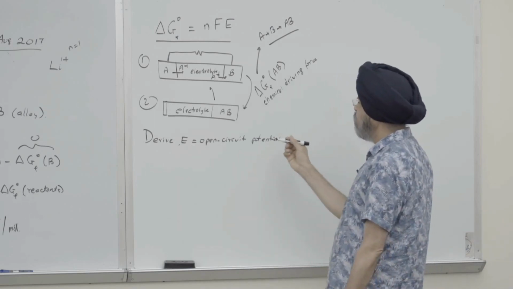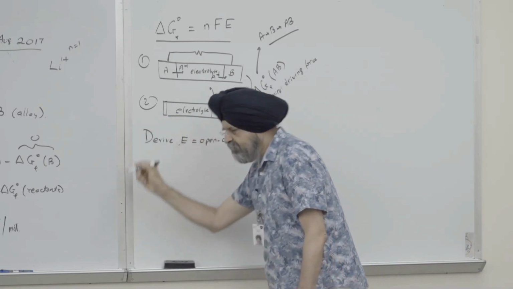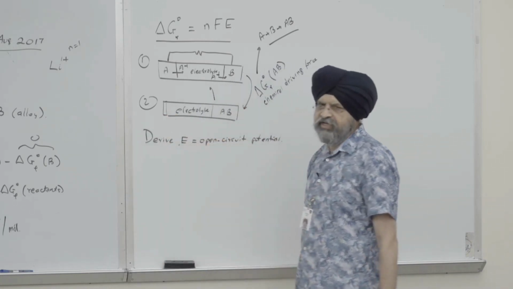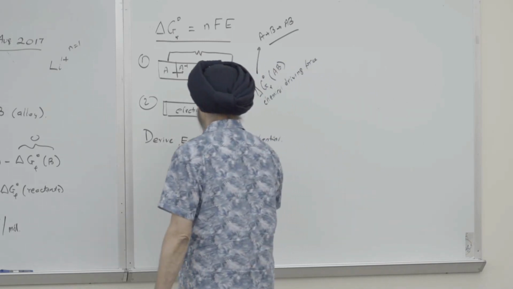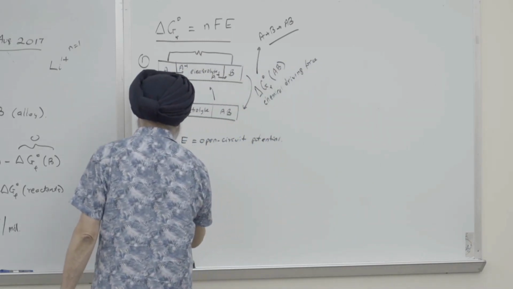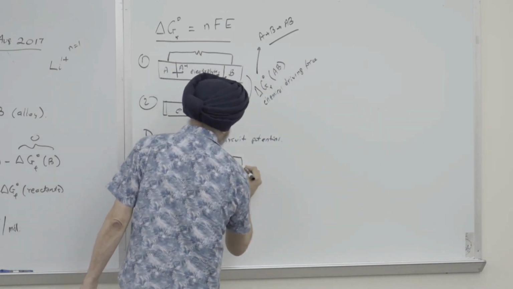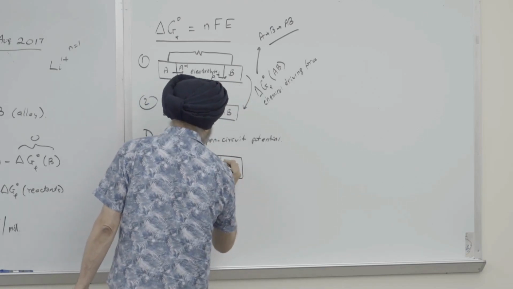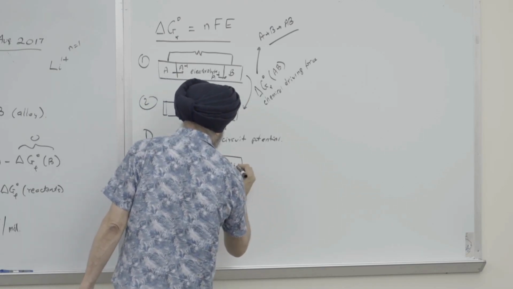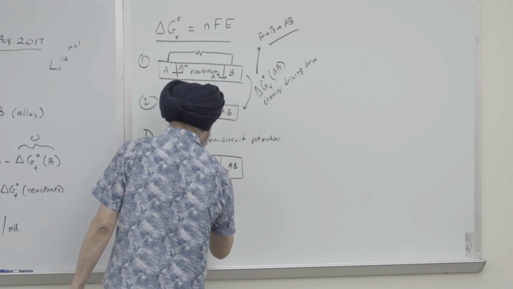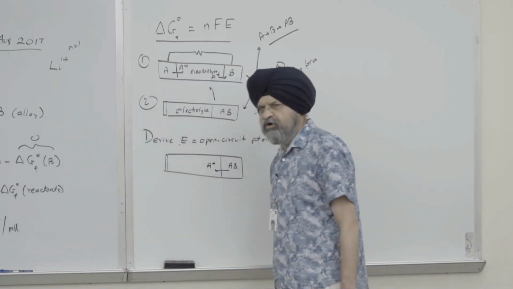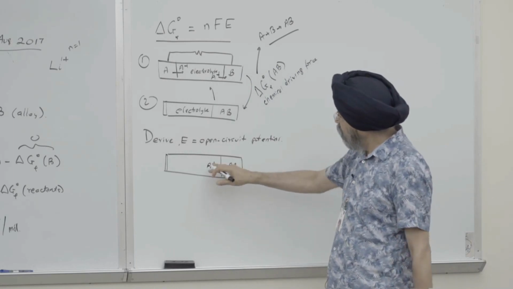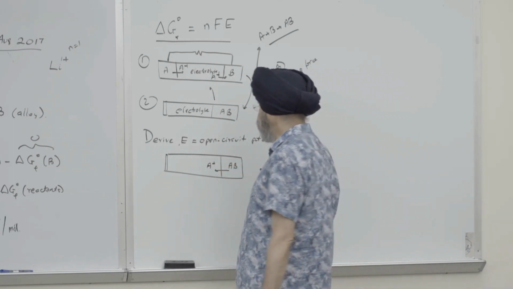So how much work does it take to take all the A atoms back to the left side? Let's start with one lithium ion or atom A. You can use either way. We have AB, and I want to push one A ion all the way over there. How much energy does that take?